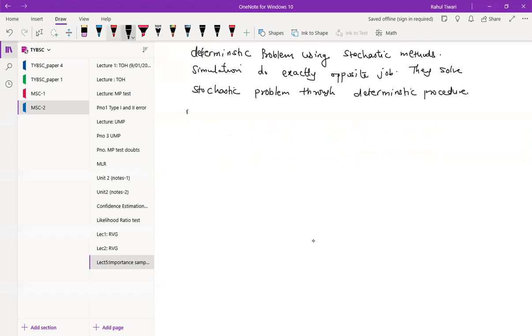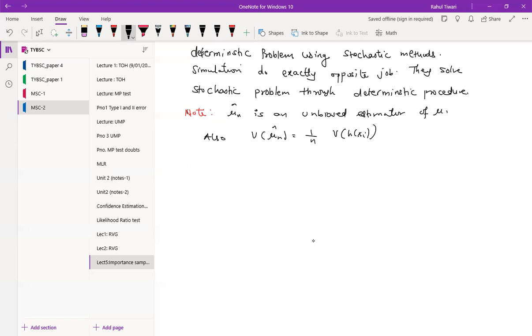Note that mu hat n is an unbiased estimator of mu, and also the variance of mu hat n is 1 upon n times the variance of h of xi.